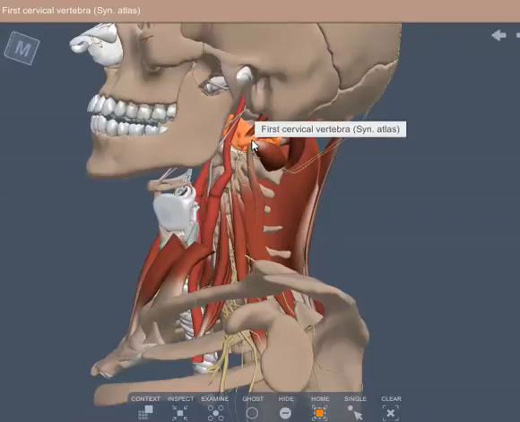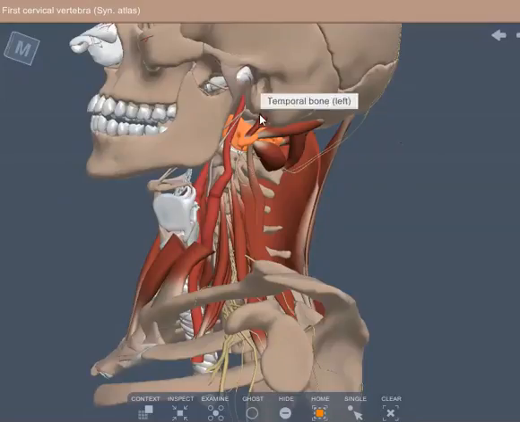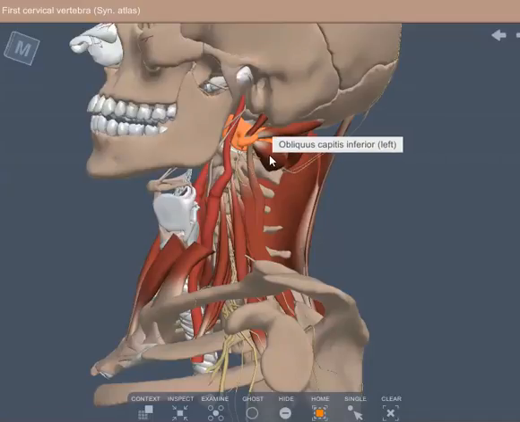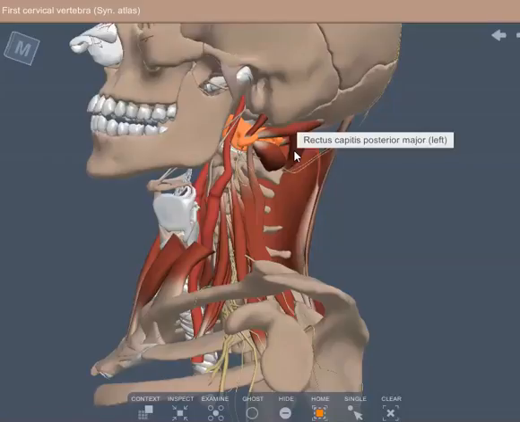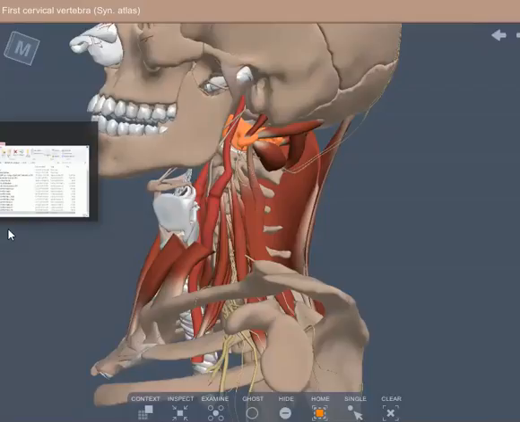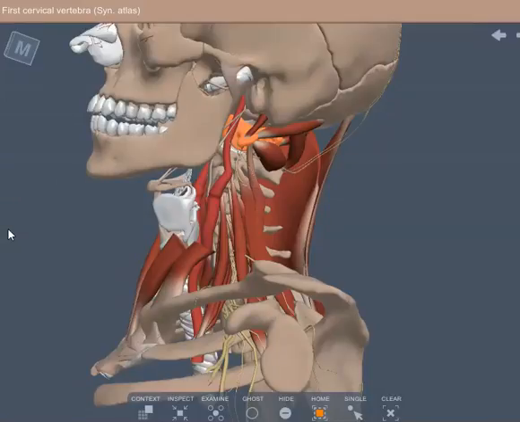And in that soft spot is a structure that's tender, but it's the transverse process of the first cervical vertebrae. That's where we're going to have obliquus capitis superior and inferior attached, and that's going to be a reference point for when we're going to do some of our manual therapy, when you're trying to find the C1, C2 joints, or the CO, or the occipital atlantal joint as well, or the OA joint.